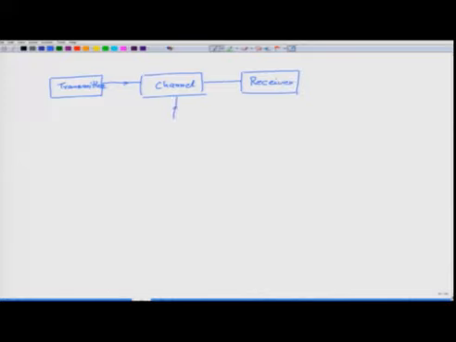In the channel, there may be some noise that is associated with the signal. So, these three are essentially the building blocks in a communication system. Before the transmitter, there is the source of information, and after the receiver there is a person, or you can say the receiver of information.